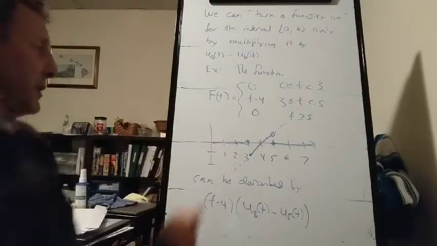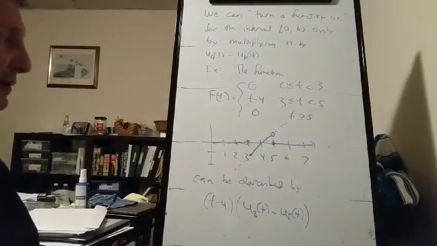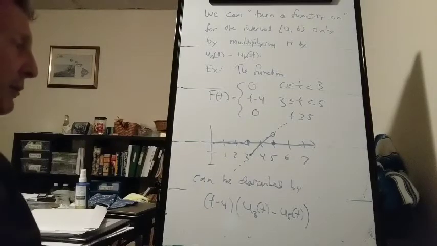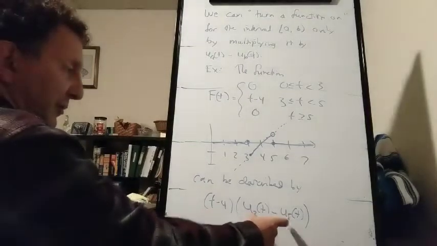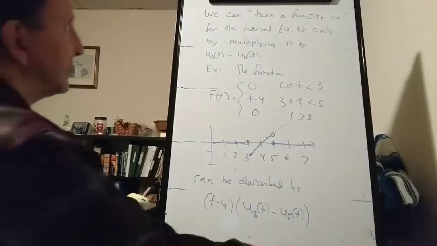Alright, so that's just one little piece. Now let's look at a function that has several pieces and see how we would write that in terms of differences of the unit step function.